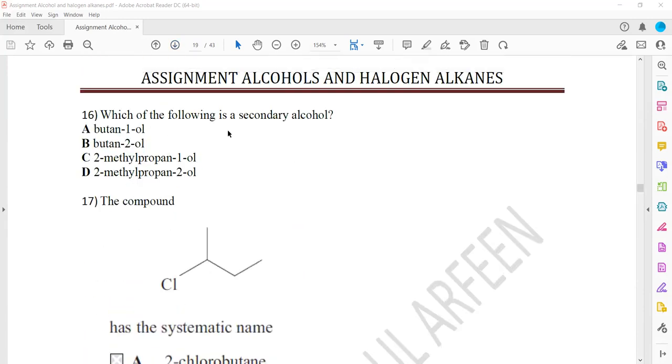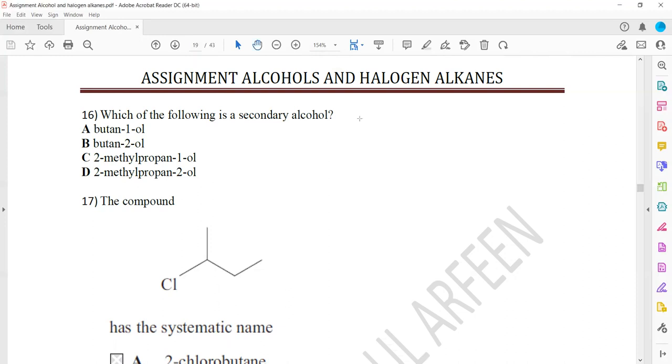In question 16, which of the following is a secondary alcohol? Butan-1-ol, butan-2-ol. Just to be sure, it is better to draw the structure, because when you draw it you can easily identify whether it is primary, secondary or tertiary.